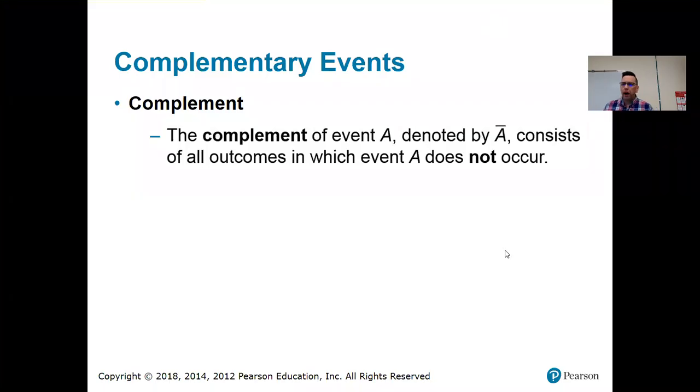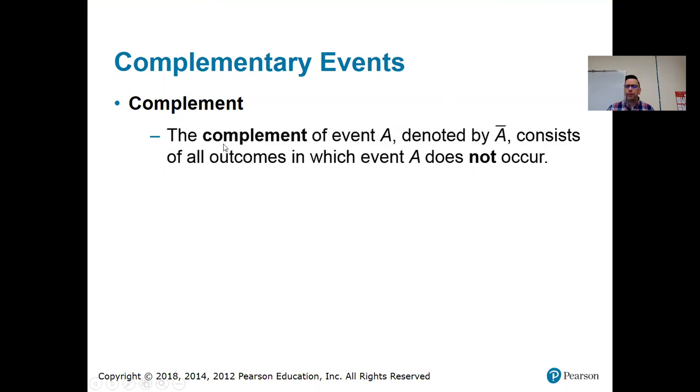All right. Oftentimes it's helpful to talk about the complement of an event. So the complement of event A, which is denoted in your book like this, A bar. Different books have different ways of writing this. Consists of all outcomes in which event A does not occur.